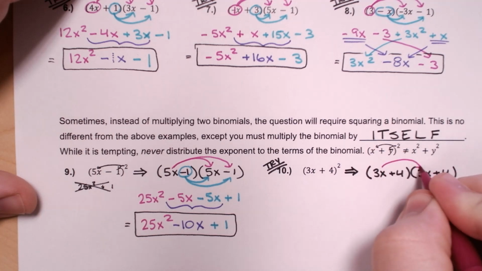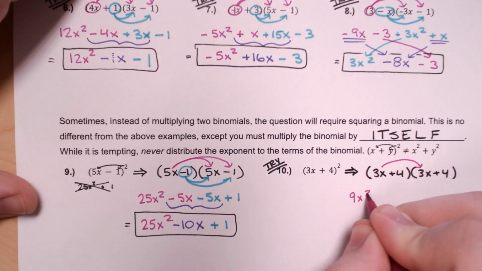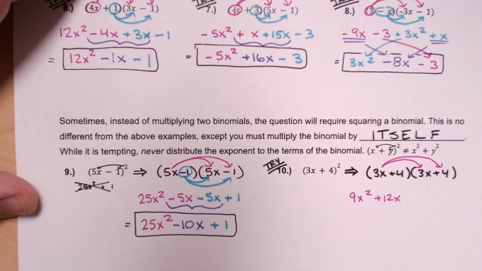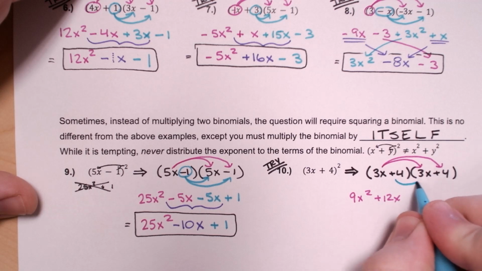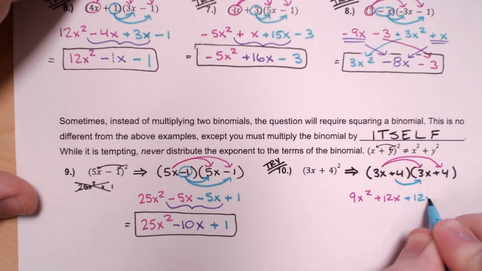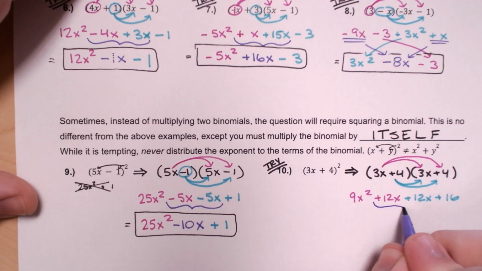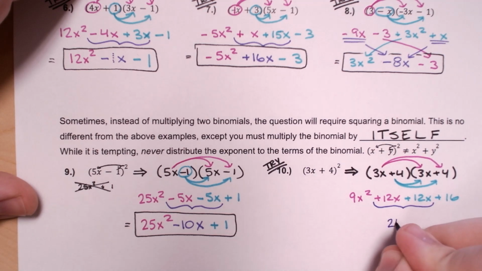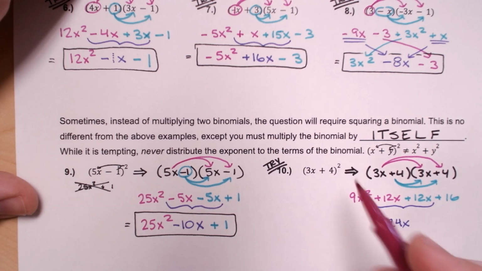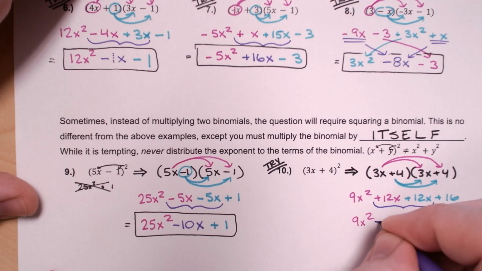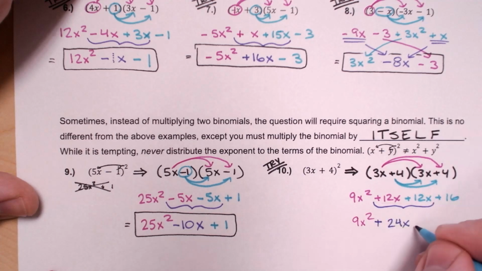Distribute 3x to 3x to get 9x squared, and 3x to 4 to get 12x, and then distribute 4 to 3x to get another 12x, and 4 to 4 to get 16, and then combine the like terms in the middle. 12x and 12x are going to add to 24x. So your final answer is 9x squared plus 24x plus 16.